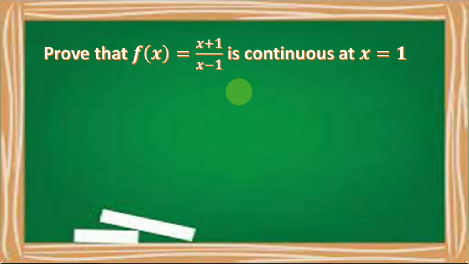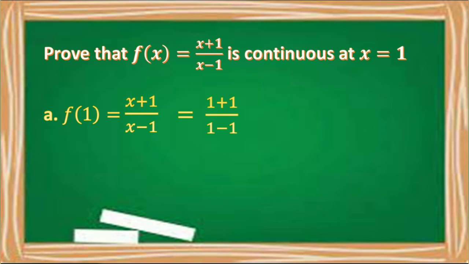Let's have another example. Prove that f of x equals x plus 1 over x minus 1 is continuous at x equals 1. Let us test the first condition, where f of c should exist or is defined. So we have f of 1 equals x plus 1 over x minus 1. Replacing x by 1, we have 1 plus 1 over 1 minus 1.